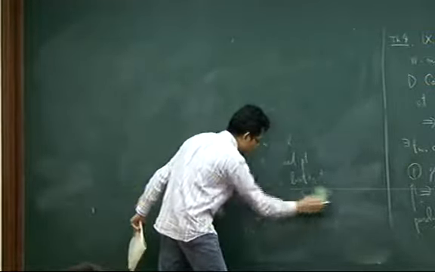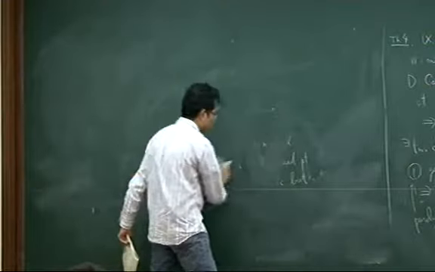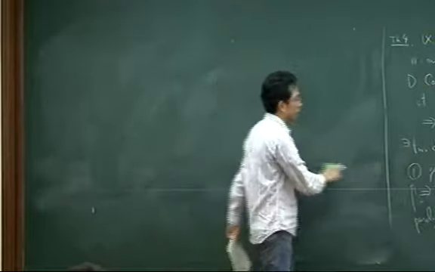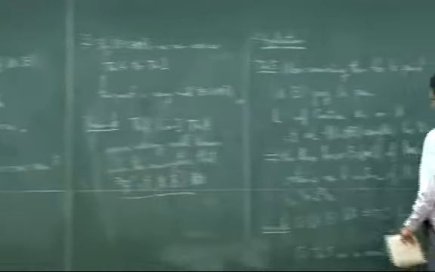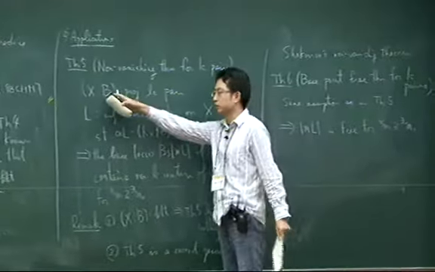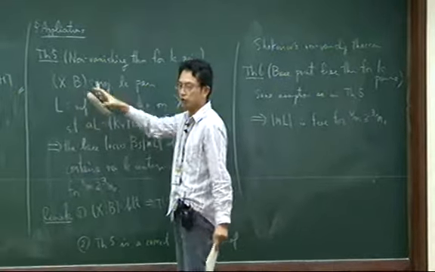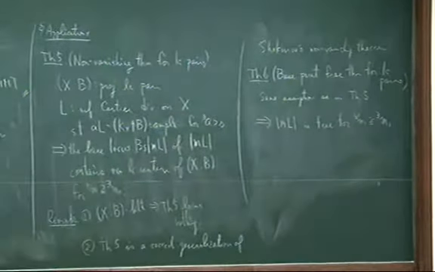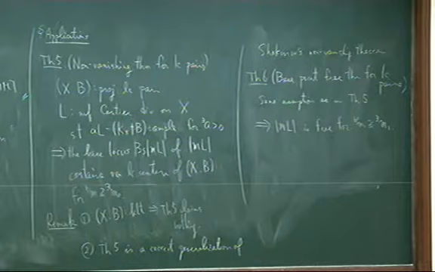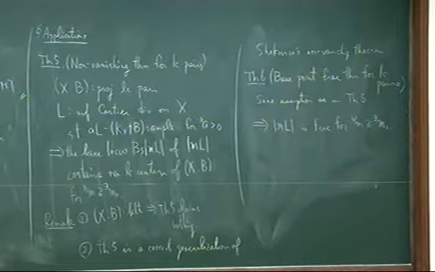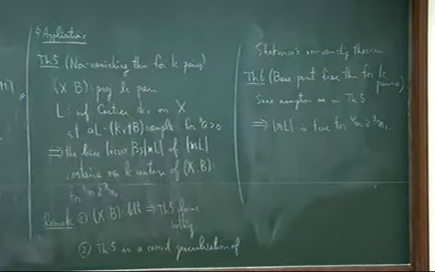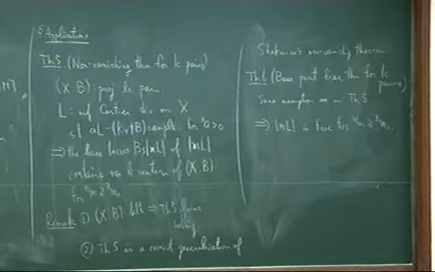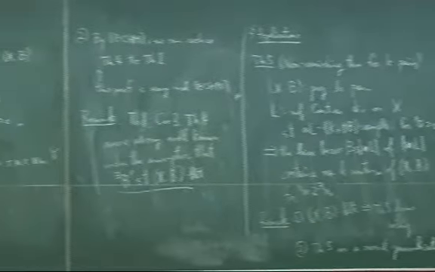My result is also much better than his result because X B is only log canonical. Kawamata's X method can only apply for KLT pairs, but our method can be applied for log canonical pairs.